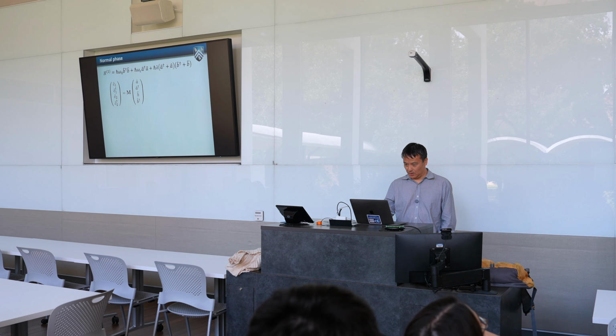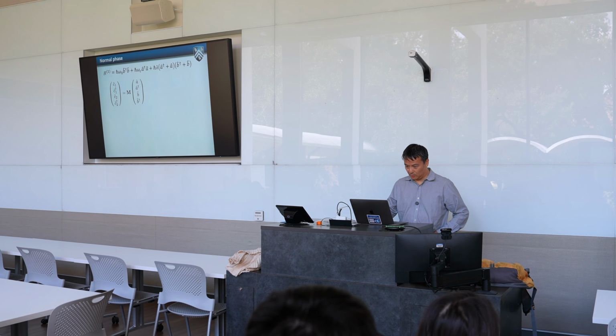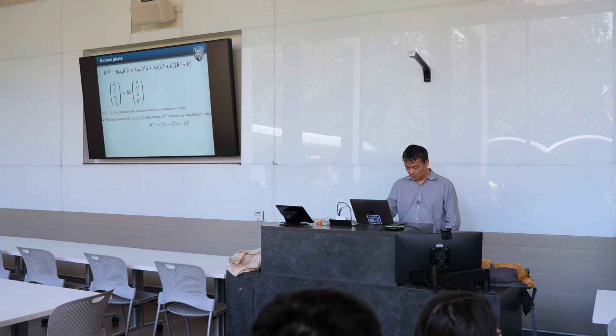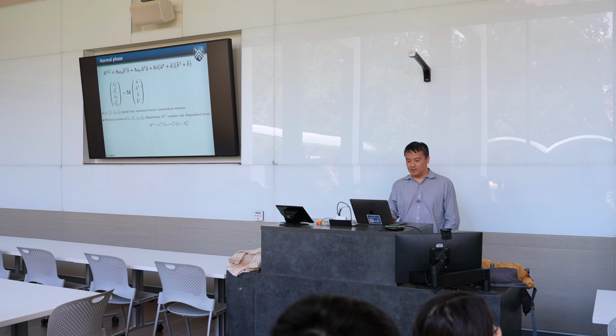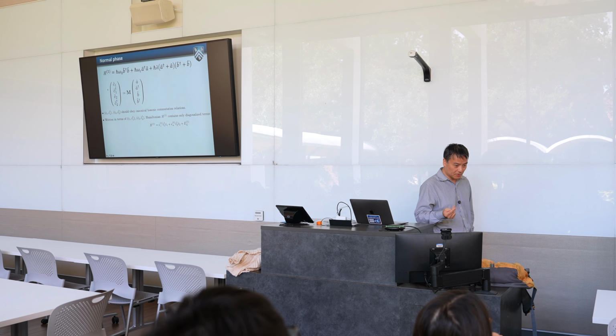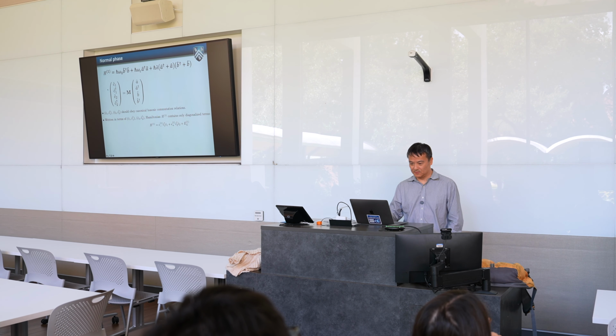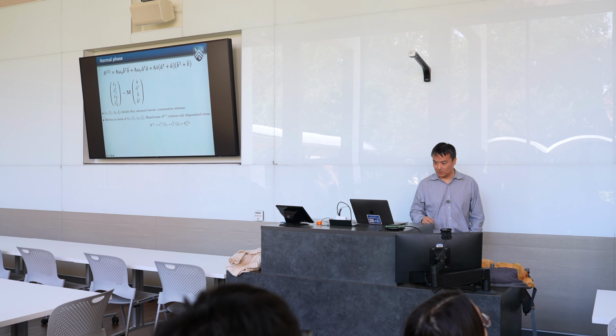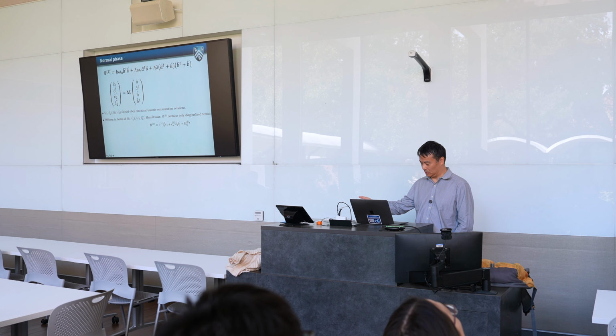So you can find a linear transformation that transforms A dagger, B dagger to two new sets of bosonic operators, C1 dagger and C2 dagger. And you require that when you rewrite the Hamiltonian in terms of C1, C2, only diagonal terms exist, and all off-diagonal terms vanish.